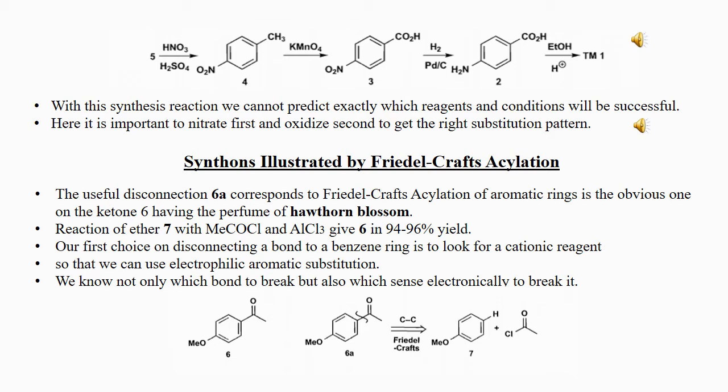Now this point is left to explain, so we look at point number 3 in this paragraph. Our first choice on disconnecting the bond to a benzene ring is to look for a cationic reagent. We are going to discuss in the next slide also how the cationic reagent works.